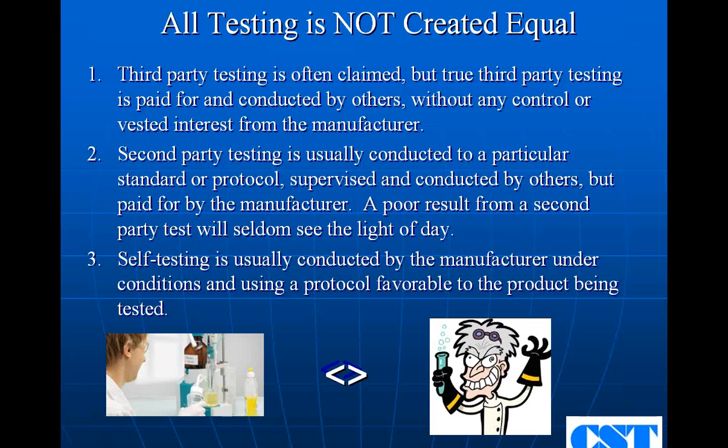You walk into Home Depot and you get a brick that's one of thousands and thousands, and you test it through the ASTM standards to see if it has the strength and has all of the characteristics that it's supposed to meet. That's a third-party test. And then the third party publishes that test.